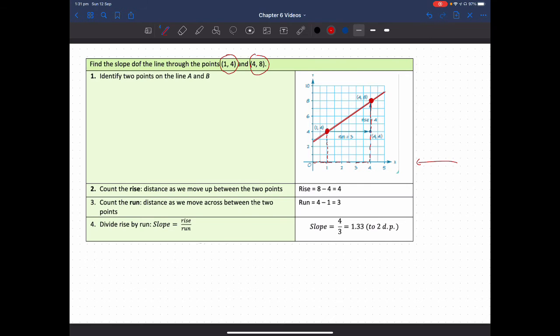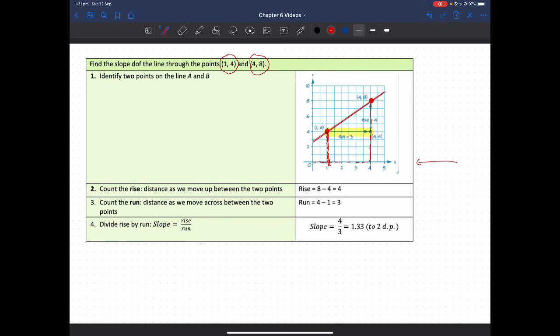Next thing we're going to do is look at the rise and the run. The run is the horizontal distance between the 2 points. So I'm going to highlight this in yellow. That is here. So what we have done is we have started at 1 and we've gone across to 4.